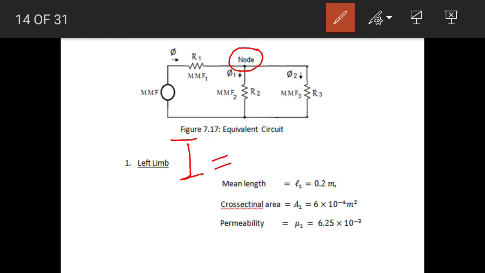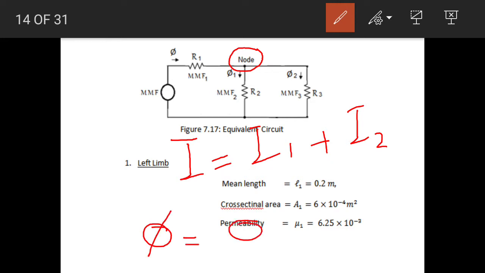Phi 1 is analogous to I1, and phi 2 is analogous to I2. So if we apply a law to this node, which is analogous to KCL, the total magnetic flux which flows towards the node will be equal to phi 1 plus phi 2. Phi 1 is moving away from the node and phi 2 is moving away from the node as well.